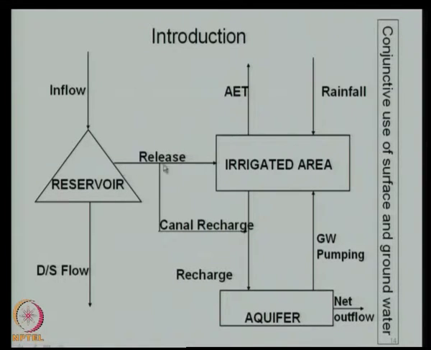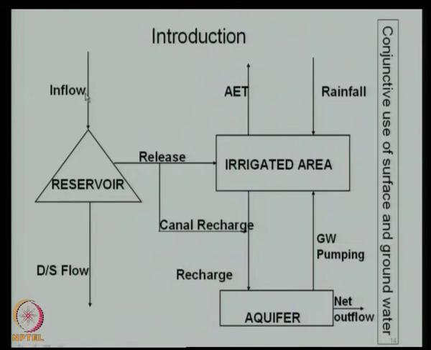What you are letting out through the reservoir can also contribute through seepage as canal recharge, and then this canal recharge goes to the aquifer, and then from the aquifer you may have a net outflow. At the irrigated area, apart from the surface water application through the canal network, you also have natural rainfall that is contributing to the irrigation. You may also have groundwater pumping contributing to the irrigation.